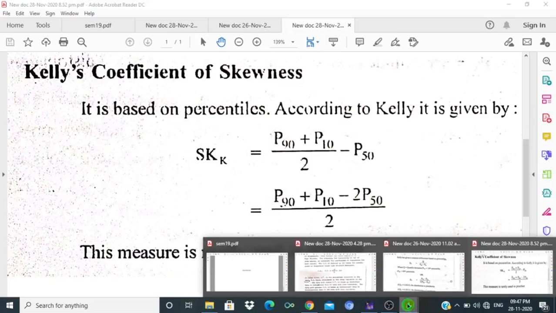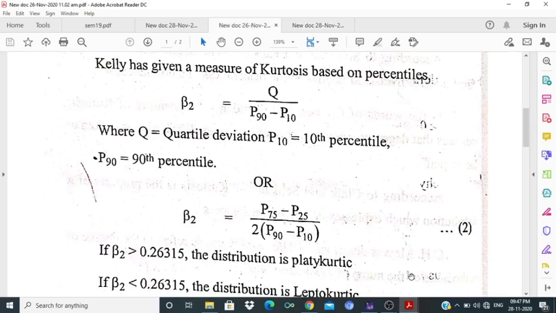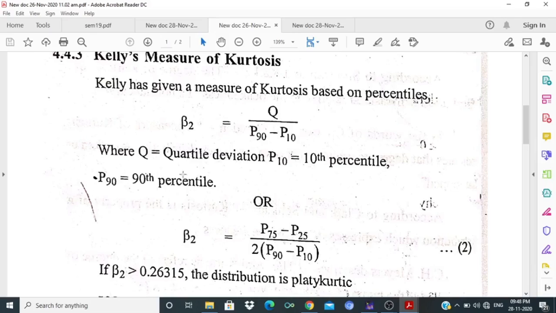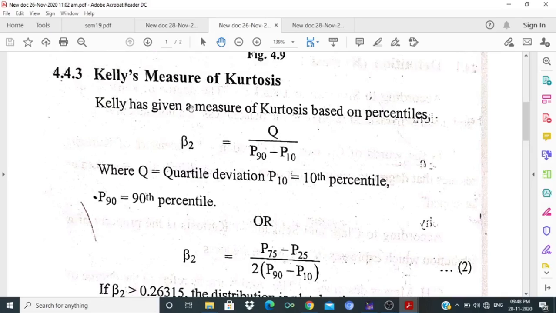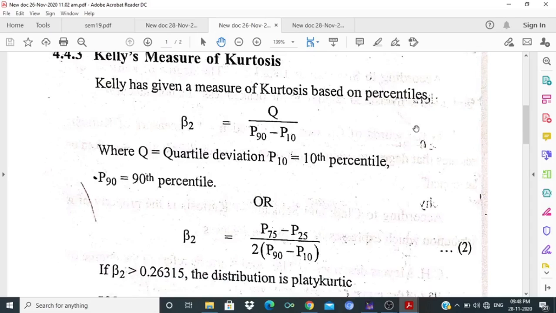Similarly, there is a coefficient of kurtosis based on percentiles. This measure was also suggested by Kelly. Kelly gave a measure of kurtosis based on percentiles.